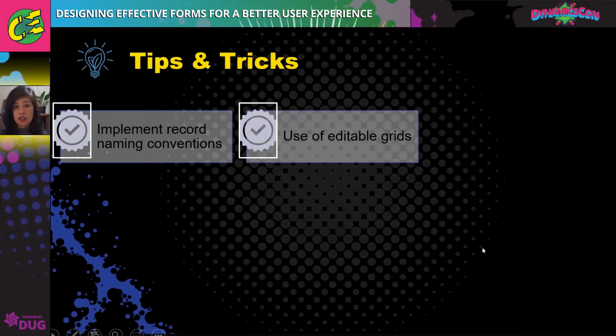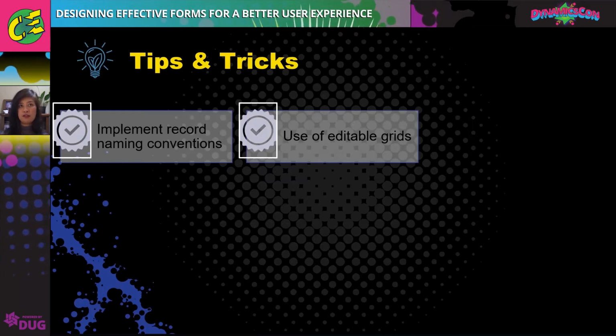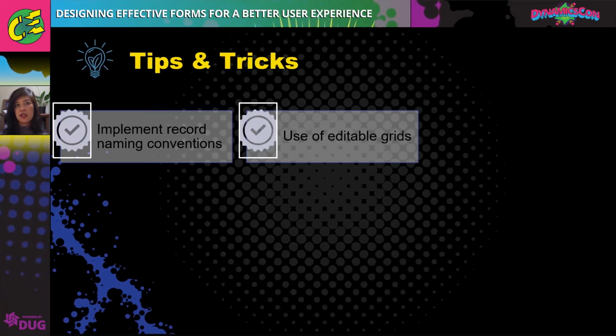Number two is use of editable grids. On a subgrid, I find it really useful if you present that as an editable grid if you can. Reason being is if they don't have to go to the form just to update a status, they can just do it on the field.